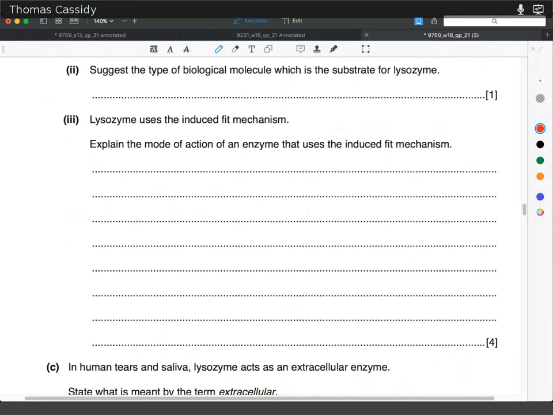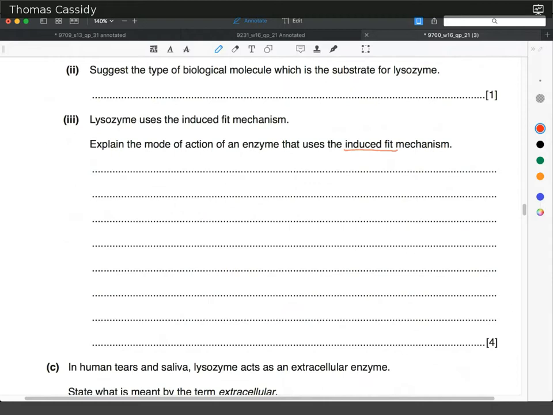The way in which they work is a bit fluffy. There's two theories on how they work. One is called Induced Fit, and the other is called Lock and Key. You might have heard those terms before. You should flick through a textbook. They're not incredibly different. They're two explanations of the same thing happening.